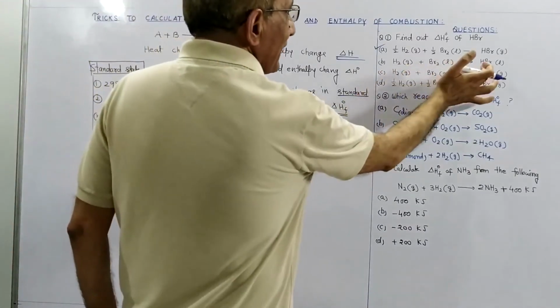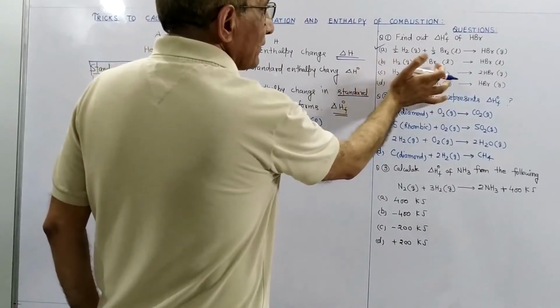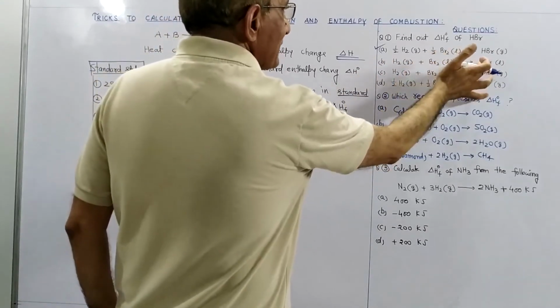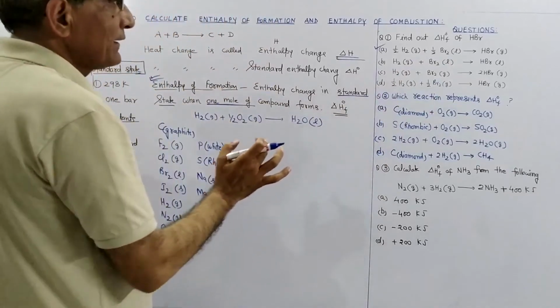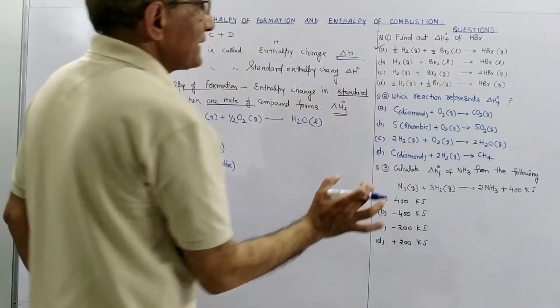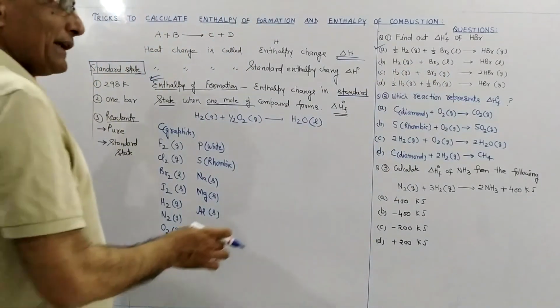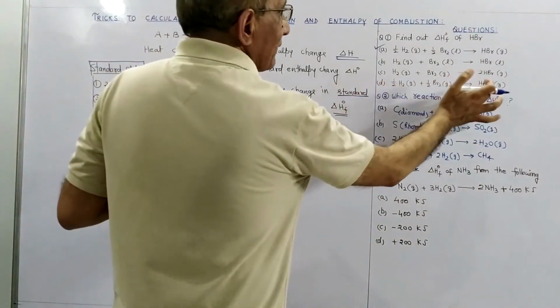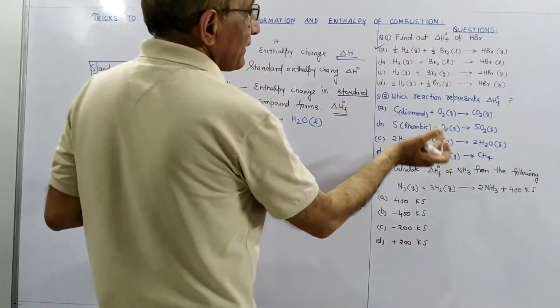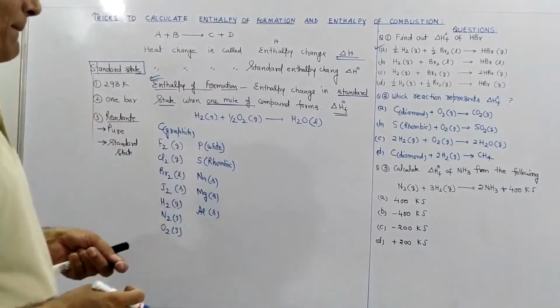Here we have 1 HBr, but they have taken 2 hydrogen, 2 bromine. It means this reaction is not correct. Why is this reaction wrong? Because here bromine is in gaseous state and bromine has to be in liquid state. Similarly, in this option, we are getting 1 mole of HBr, but bromine is present in the gaseous state. So this one is also wrong.